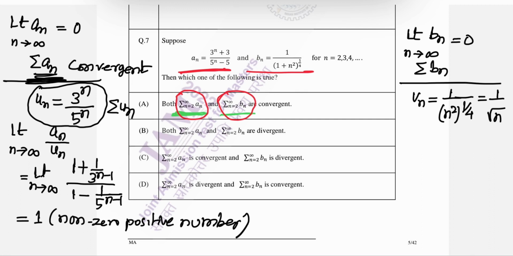If you see the first case which I have solved, inside the enclosure in the numerator there is 3 to the power n plus 3. When n tends to infinity, in comparison to 3 to the power n, 3 is much lesser, so that 3 must be omitted in the auxiliary series.